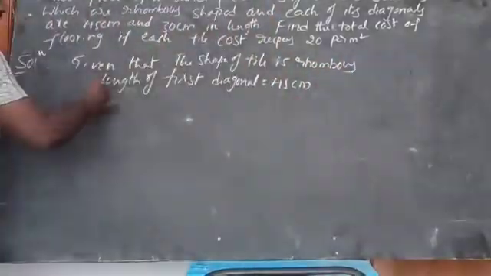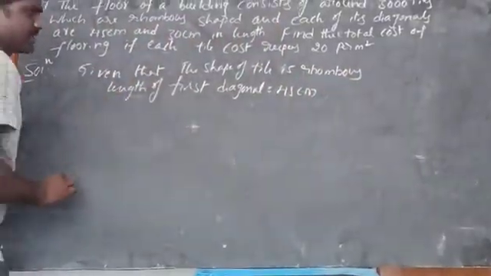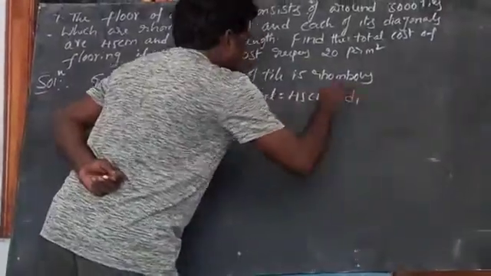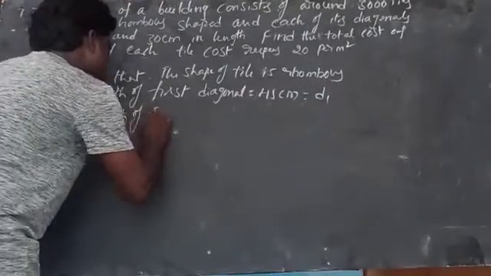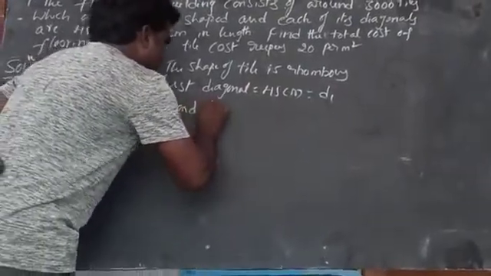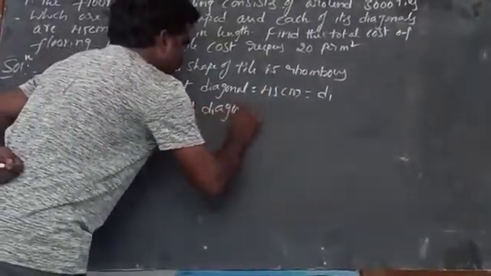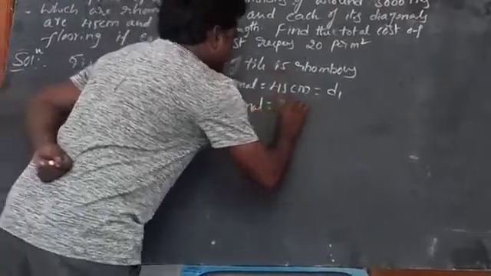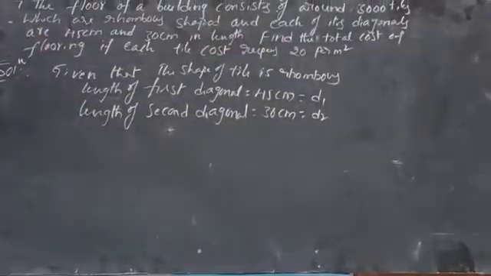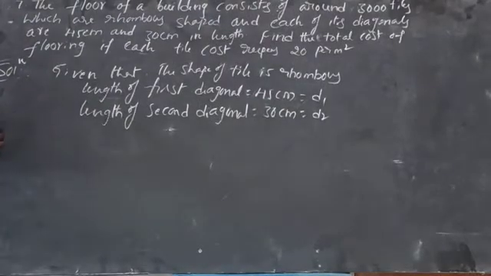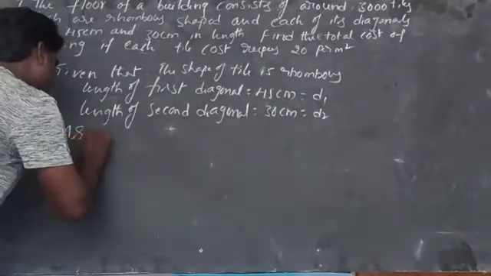Given length of first diagonal is 45 centimeter, that is given. Next, length of second diagonal is 30 centimeter. So what do we find? Area of rhombus.